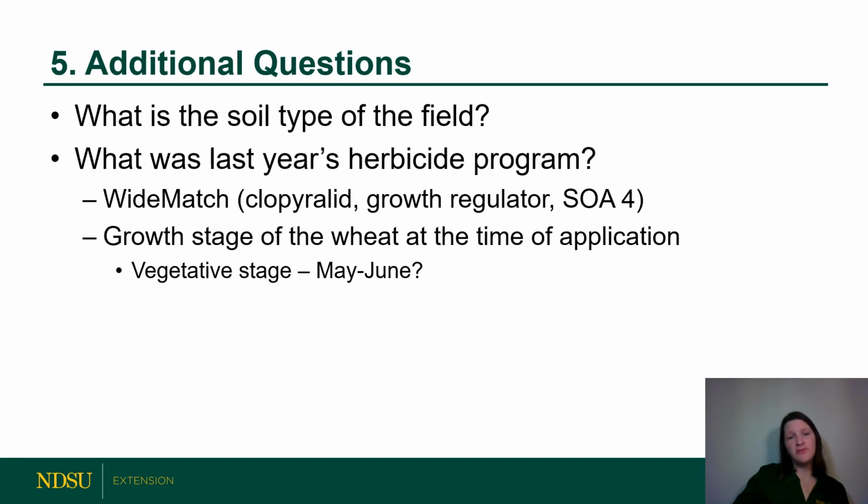We have WideMatch, which was used last year on the wheat, and it is clopyralid. It's a growth regulator. Site of action is 4. And then, further thinking about it, what was the growth stage of the wheat when WideMatch was applied? We're looking at a vegetative stage, so probably May to June in this field.